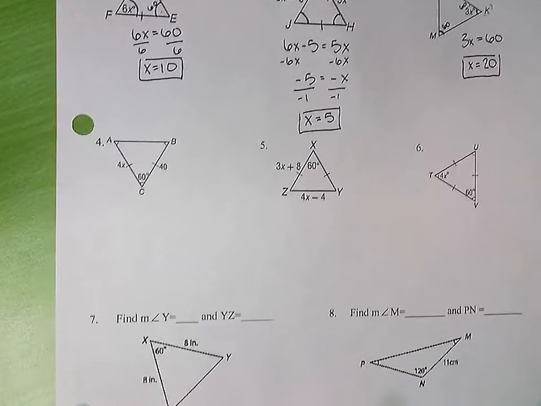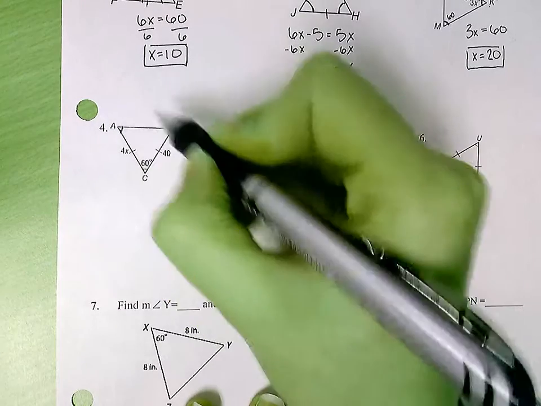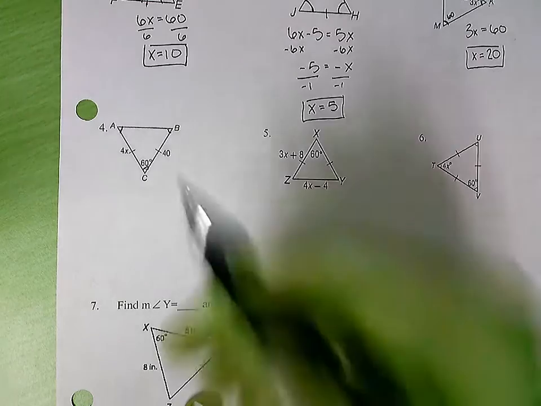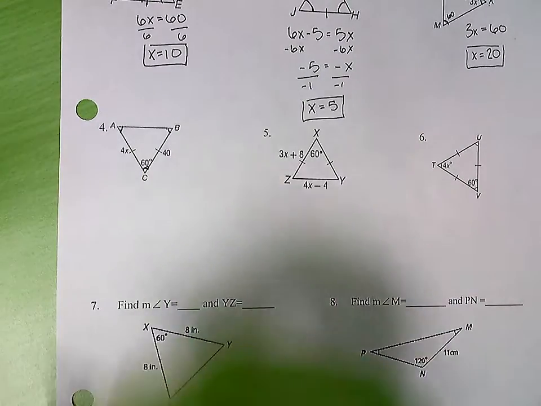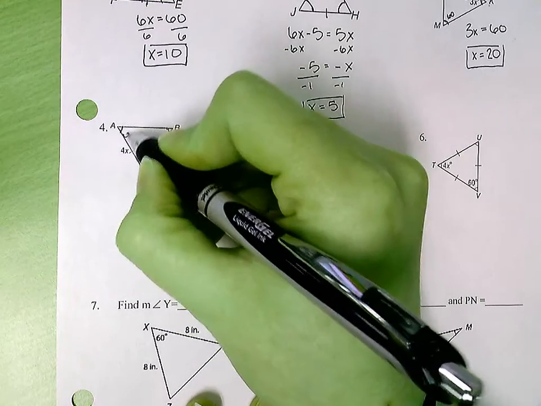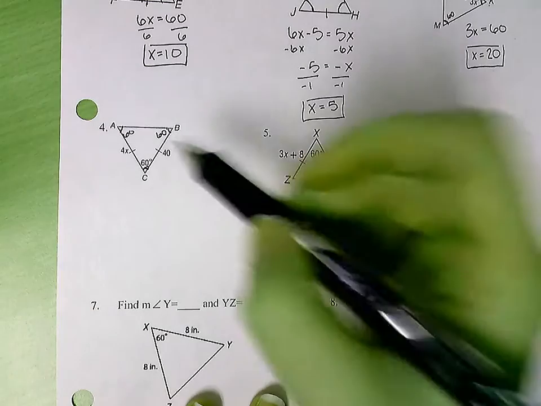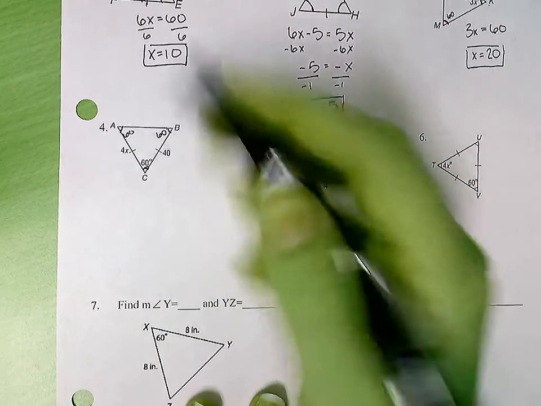Okay, looking at number 4. Okay, number 4, all 3 of your angles are congruent. I know it's hard to see, it's really little, but it does show that all 3 of those angles are congruent. So that means all 3 of them are 60. Okay, since all of your angles are congruent, that means all of your sides are congruent.